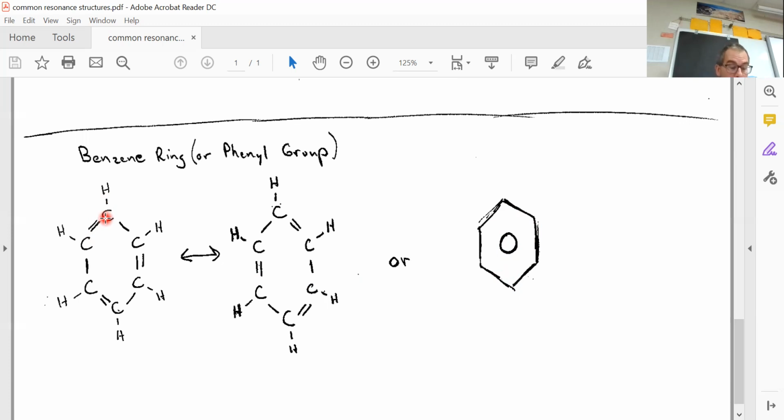You have a ring. Ultimately, dipoles cancel, so it's nonpolar, and its hybridization around each carbon is sp2. Its bond angle is going to be 120, and its bond order is going to be 1.5 around each carbon right there. All right, hope that helps with some of the common resonance structures you will be seeing. Thank you.